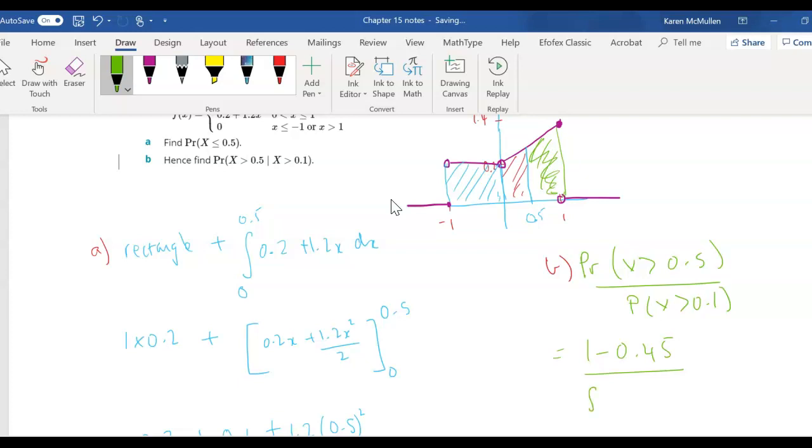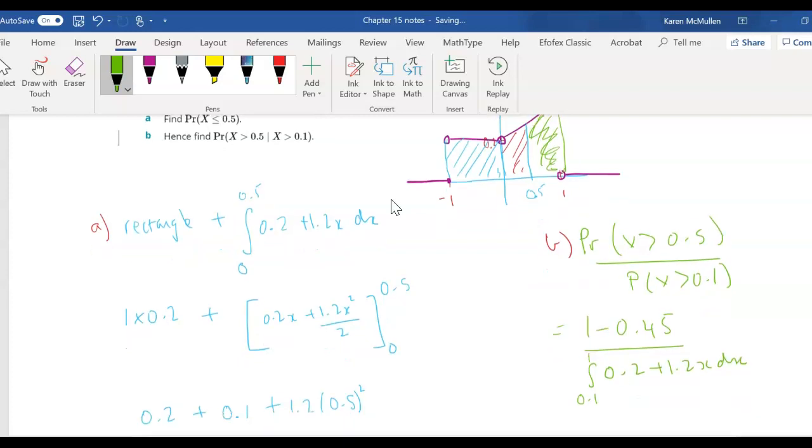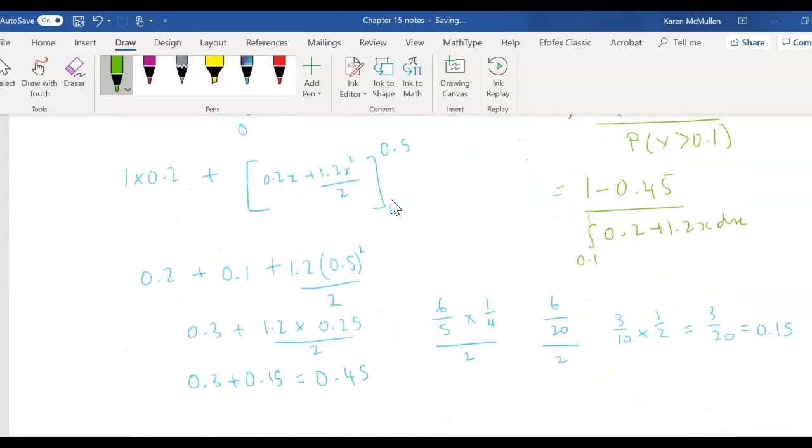We're going to go from 0.1 to 1, and that's our function, 0.2 plus 1.2x dx. Oh, I'm running out of room. You can do the denominator on your calculator. So 1 minus 0.45 is 0.55.